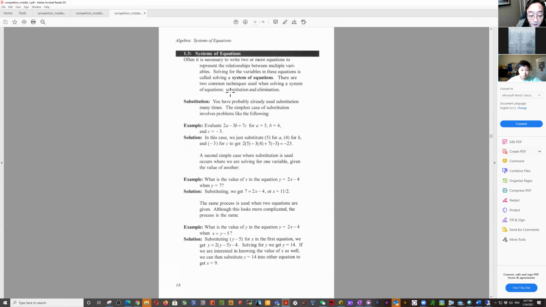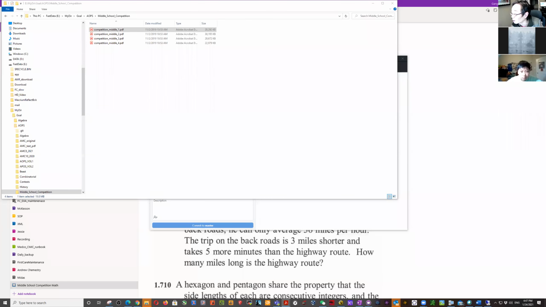One is called substitution and the other is called elimination. For substitution, basically, you substitute one variable from one equation into the other. Let's just go through an example and work on it.